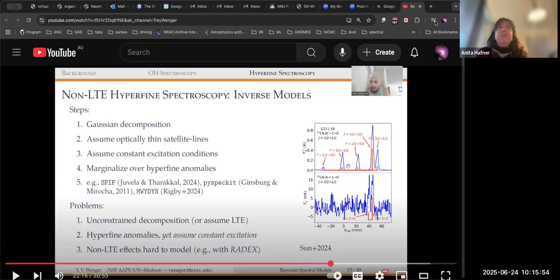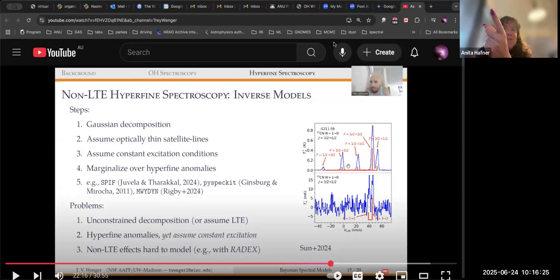So what the height of the lines tells you is how many molecules are in each of the levels involved in the transition. So if you know what the excitation temperature is by assuming it's in LTE, which means all the excitation temperatures are the same, then you can work out from what you observe what that is.